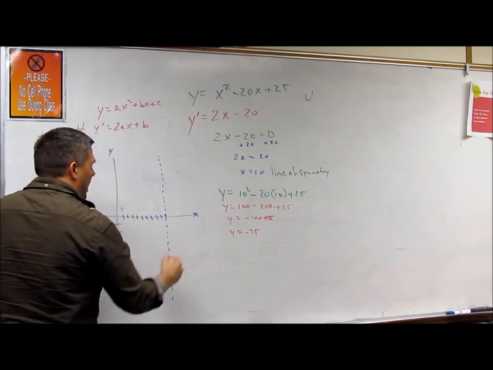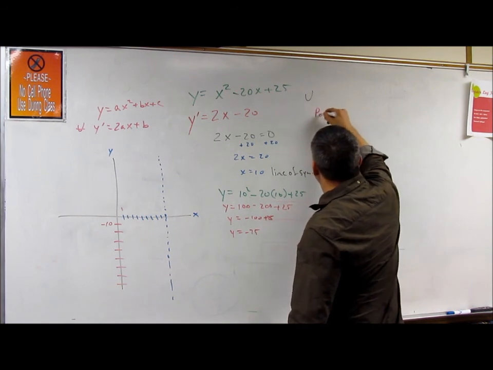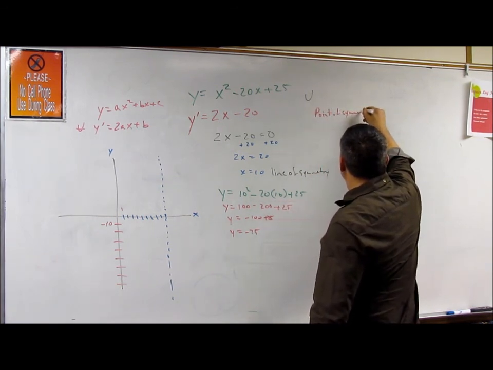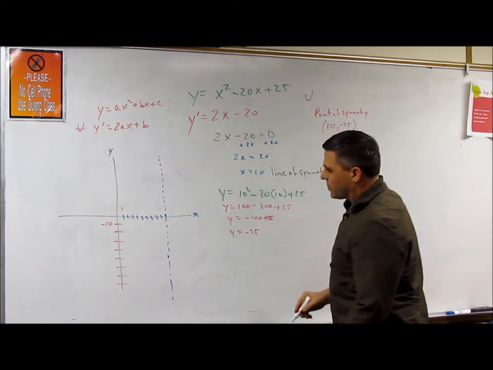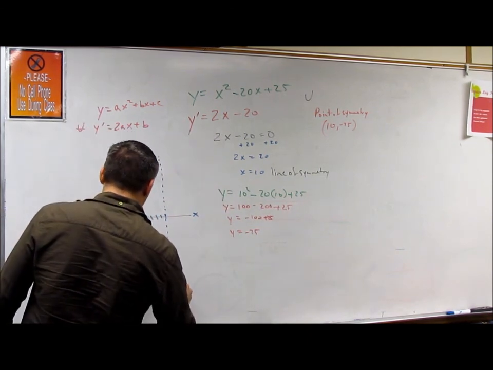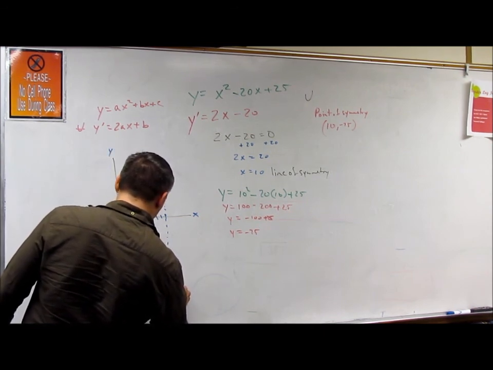Okay, so where's our point of symmetry? 10, negative 75. So at 10, negative 75, this is 8, so this would be 75, so about right here.